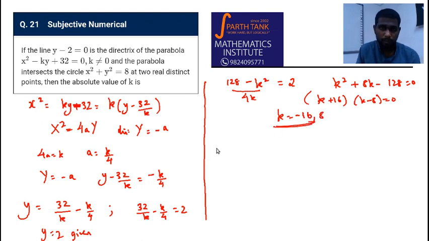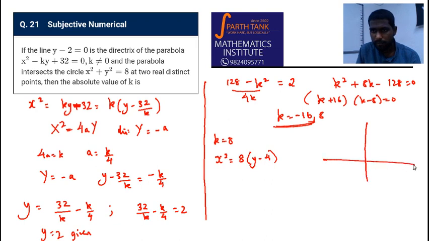Now we have two parabolas. If I have k is 8, then this parabola is going to be x squared is equal to 8 into y minus 4. Now this parabola has vertex 0, 4 and it is open upward, right?